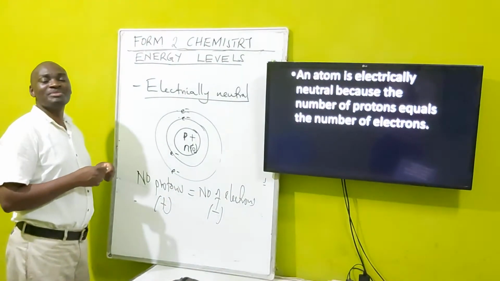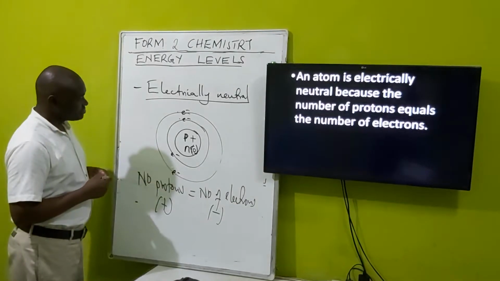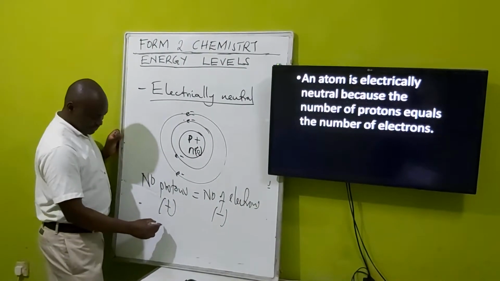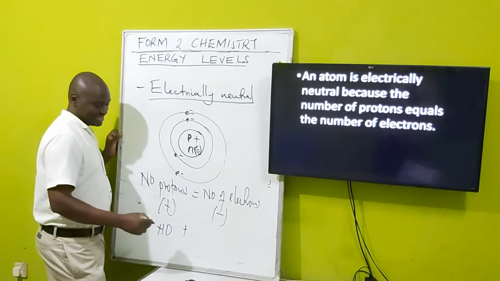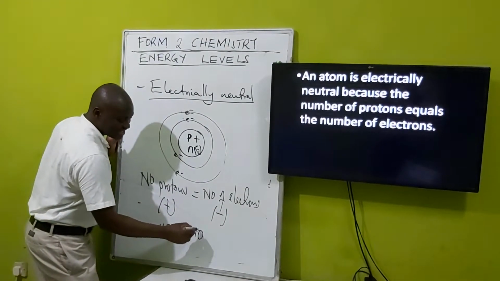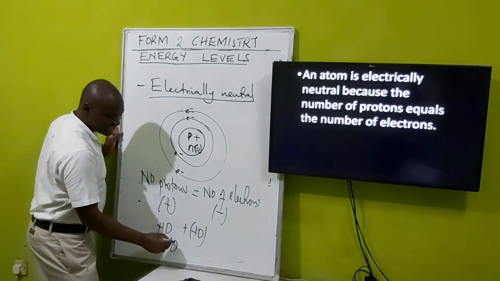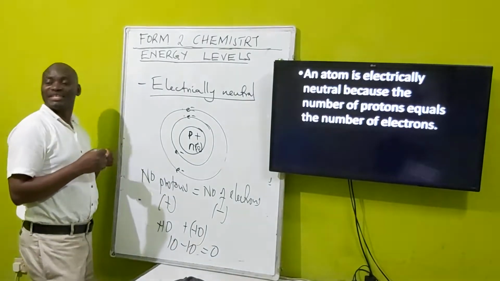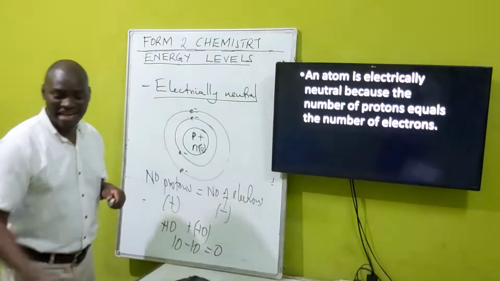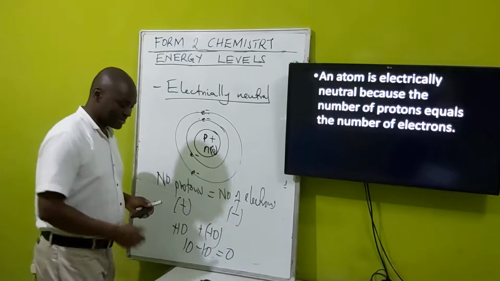Therefore, an atom is not charged. Because if we take 10 positive charges and add 10 negative charges, it is like having 10 minus 10, which will give you 0. So the charge is actually 0.